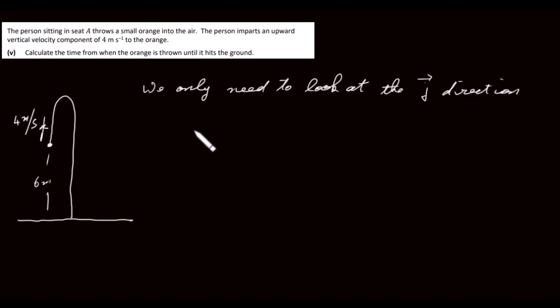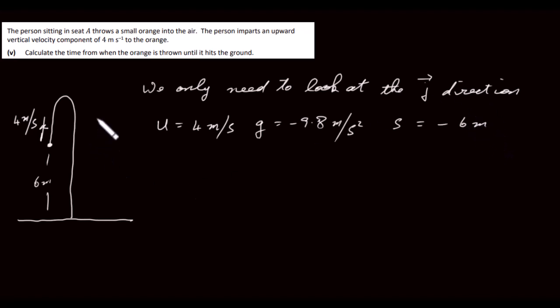So let's write down what we have. We have the initial velocity u is equal to 4 meters per second. We have g is going to be equal to minus 9.8, let's say in this case, per second squared. And we have the distance where it ends up then is going to be minus 6 meters from where we started.